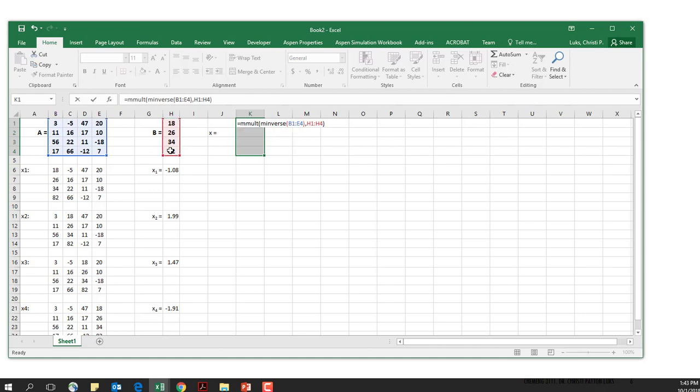And then I close with closing all my parentheses, Control-Shift-Enter, and I end up with these answers. And you see that these answers match the answers that I got before.